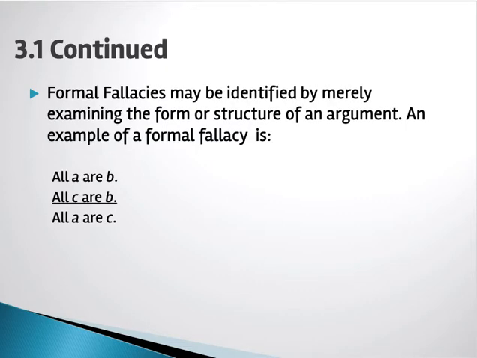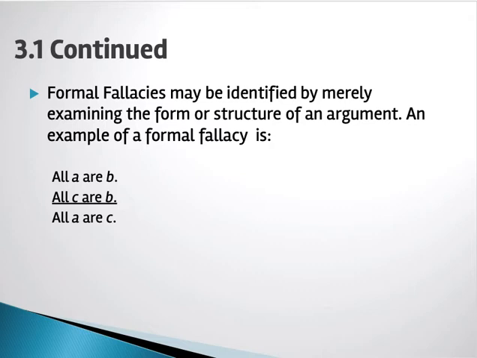The first thing we need to know is the difference between formal and informal fallacies. And this is very important because formal fallacies have to do with formal arguments or deductive arguments. You remember the difference between formal and informal logic is the same as the difference between deductive and inductive logic. So formal fallacies are fallacies that occur with deductive arguments.